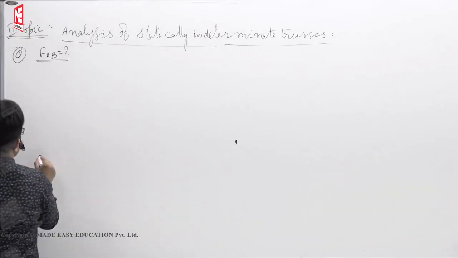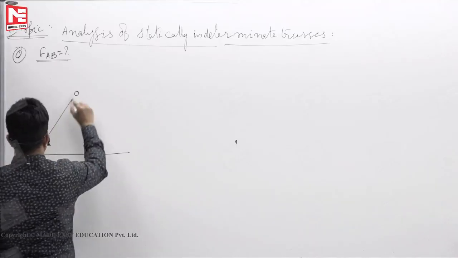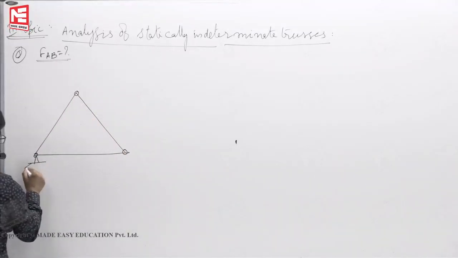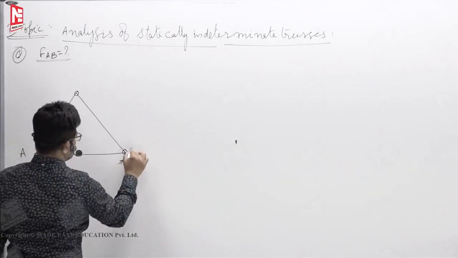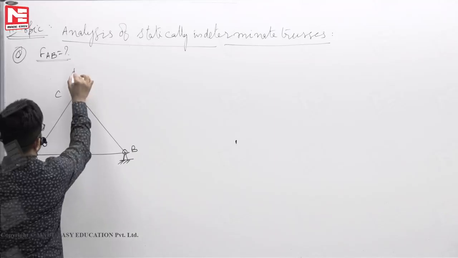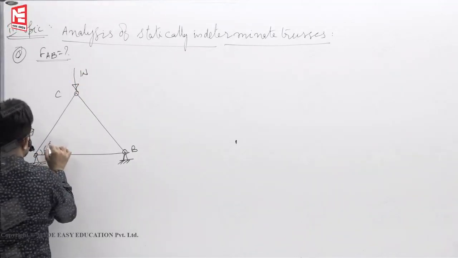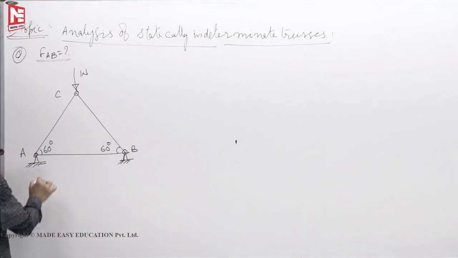Assume that we have this member, let us say A, B, C, and this load, let us say W. This angle, let us say 60 degrees, 60 degrees. Okay.